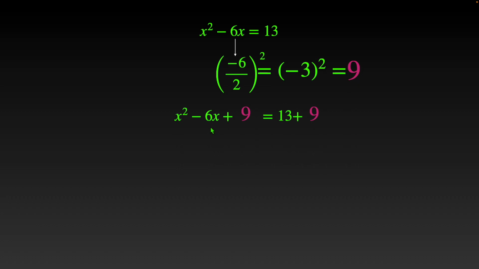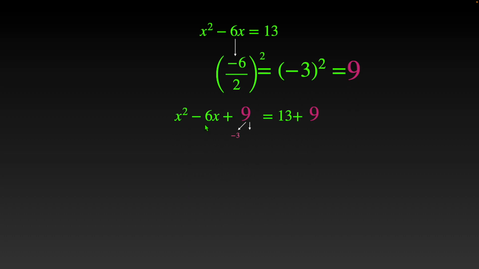How do we factor the left-hand side? We're going to take a look at 9. We're going to look for 2 factors of 9 that will sum up to -6. That means we are looking for 2 numbers that when multiplied together will give us +9, but when we add them together, we get -6.